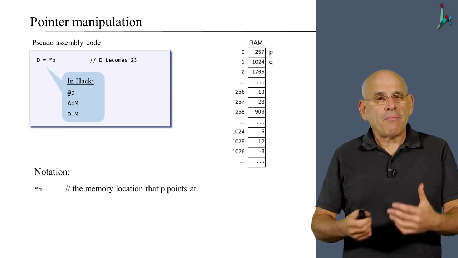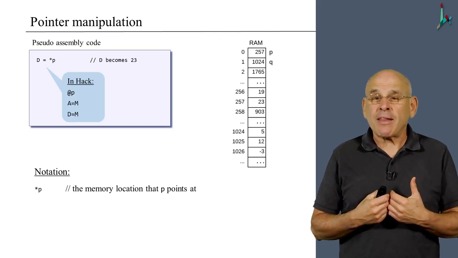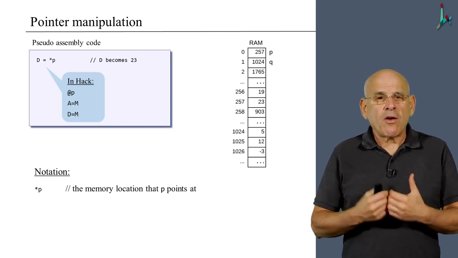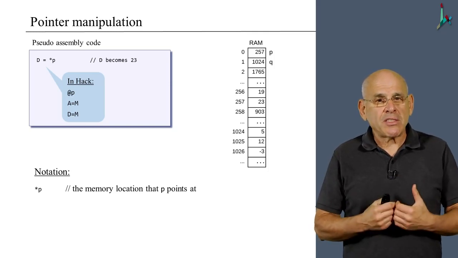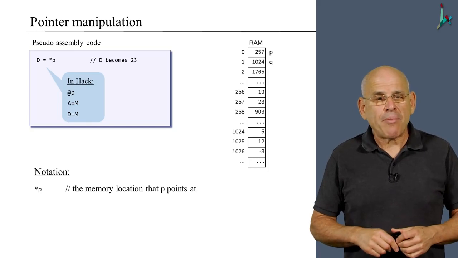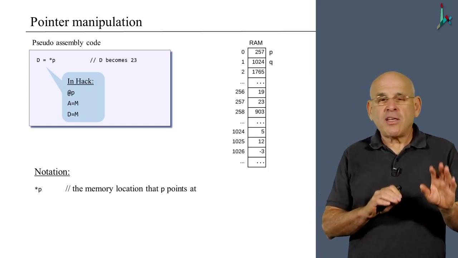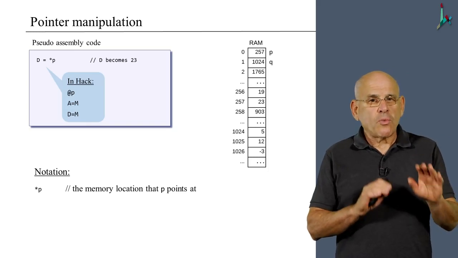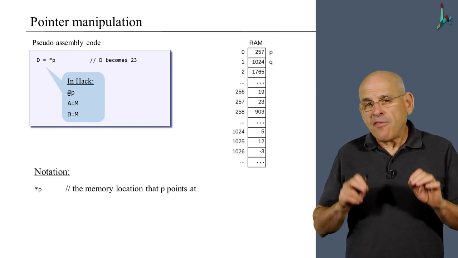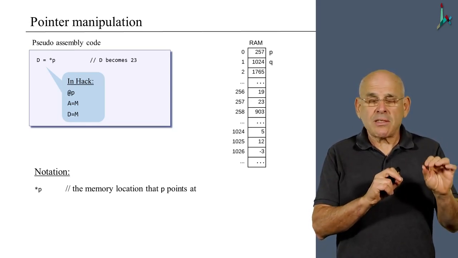So this will become the selected register, which in the Hack assembly language is represented by the letter M. And therefore, when we next say D equals M, we're going to get the value of the currently selected register, number 257, and the value happens to be 23. Now, everything that we did here is quite similar to what we did in Project Zero of this course. And if you did Project Zero, you shouldn't be surprised by what I just described.